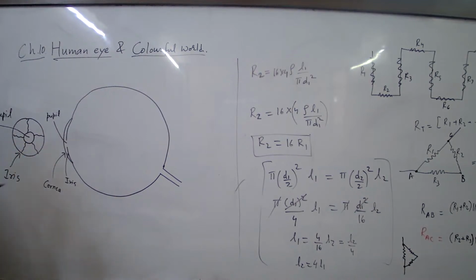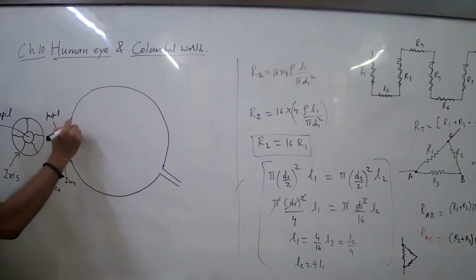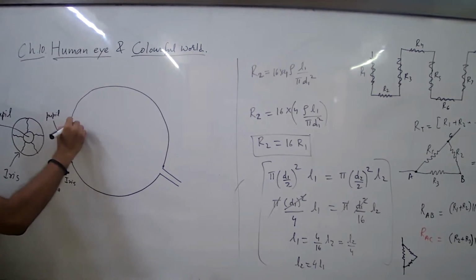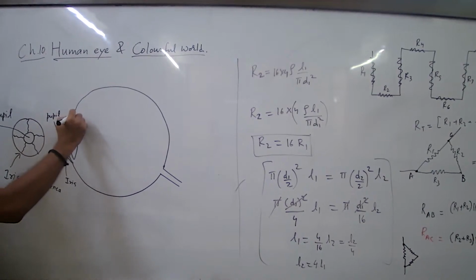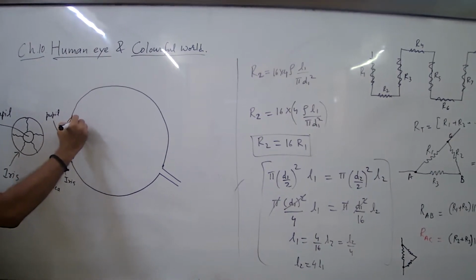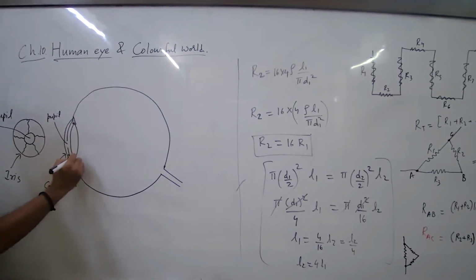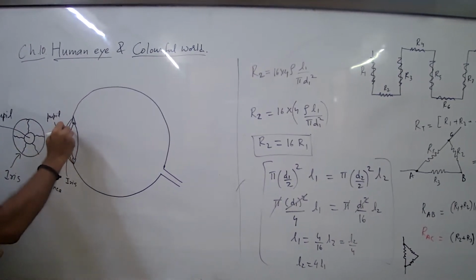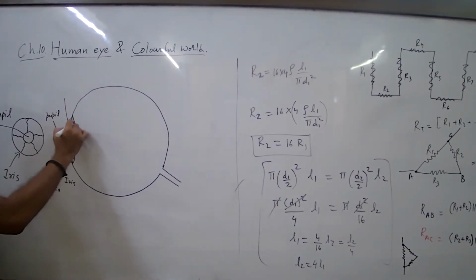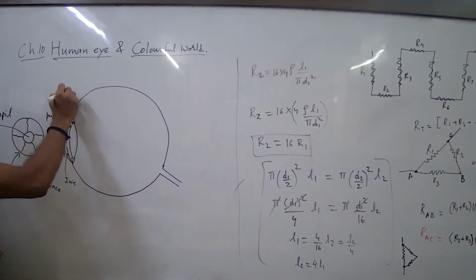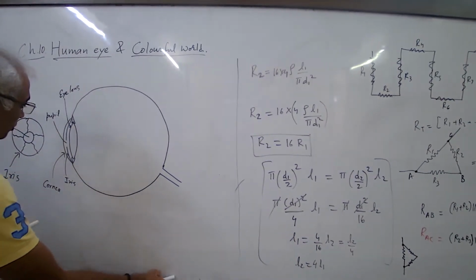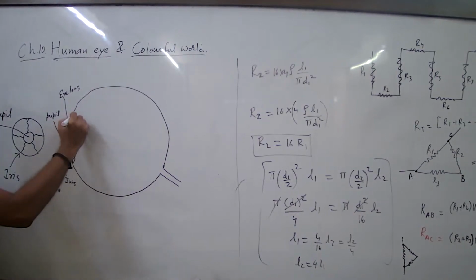Okay. After the pupil, you have the eye lens. It is a convex lens, and it is held by what are called ciliary muscles. So this is your eye lens, and these muscles hold it.